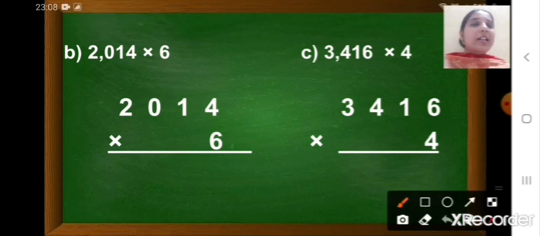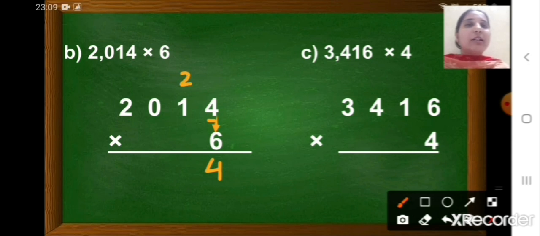What is the digit here at the ones place? 4. So that will be multiplied by 6 here. 4 6s are or 6 4s are 24. So children, we will write 4 here and 2 will be carried over to the tens place.